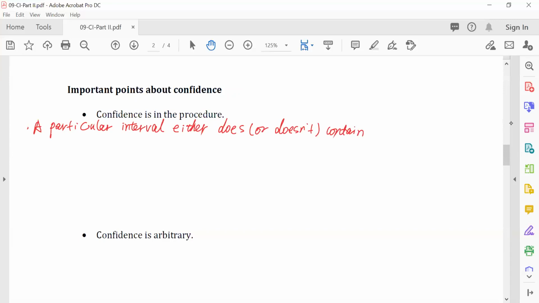A particular interval either does or doesn't contain the parameter. This is the thing that we mentioned on the first day when we introduced confidence interval, right? The probability that your mu is less than, for example, a value is 0.9. This is absolutely wrong because a particular interval either contains or doesn't contain the parameter. So the probability will either be 1 or 0. So this is definitely wrong.